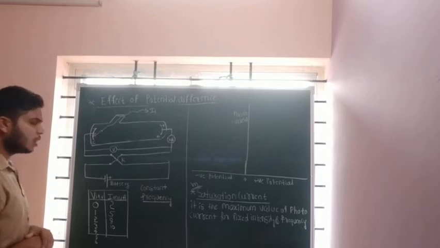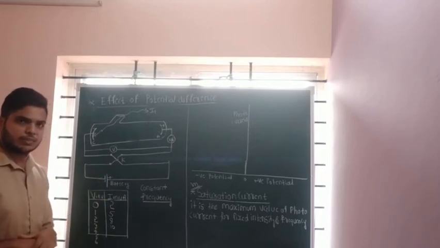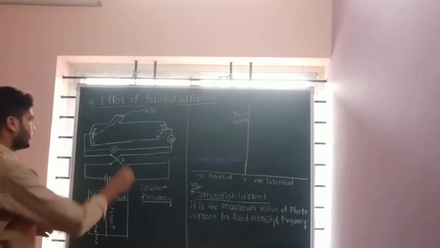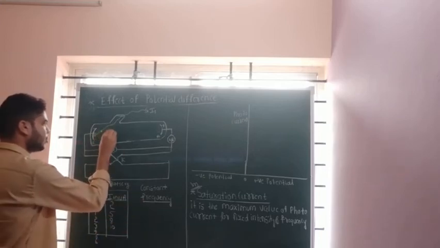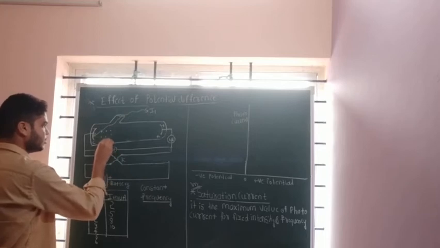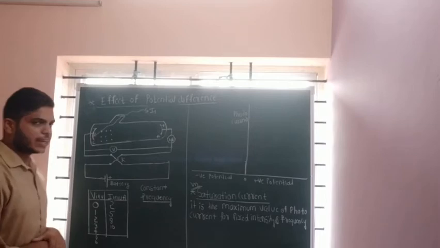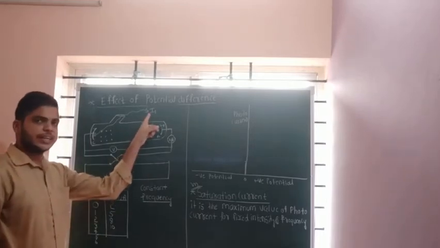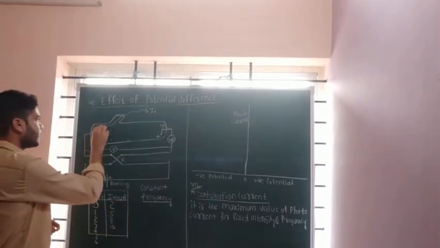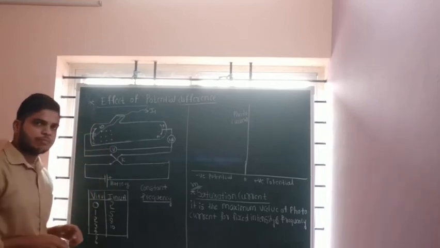The electrons are coming out of the metal surface because the frequency is greater than the threshold frequency. Now imagine that for I1 intensity, 10 electrons are coming out of the metal surface.